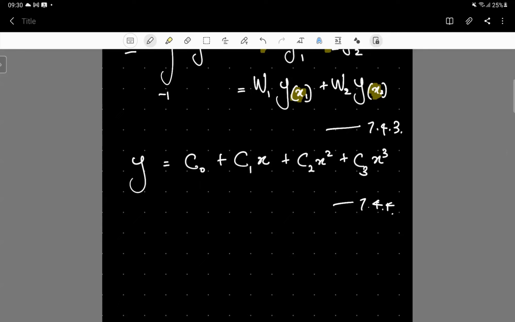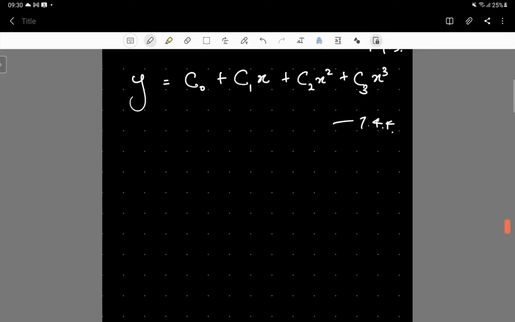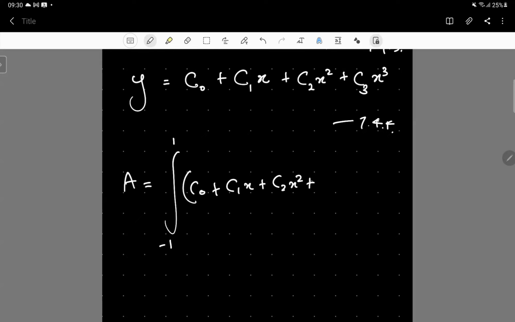What we are interested in now is to calculate the area, isn't it? By performing an integration within this domain, our aim is to calculate the area. So the y value is C0 plus C1x, C2x squared, and C3x cubed, which we'd like to integrate.